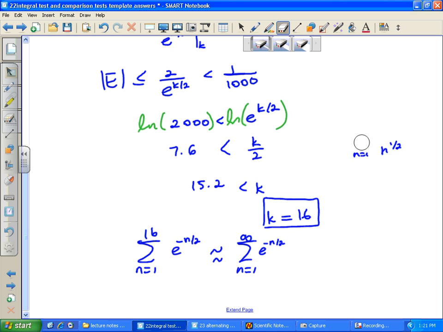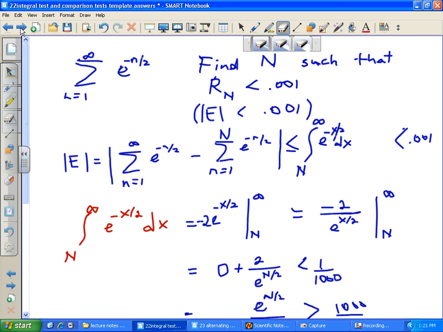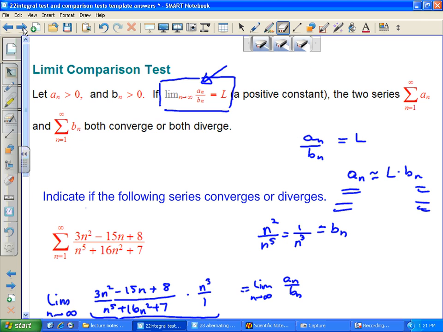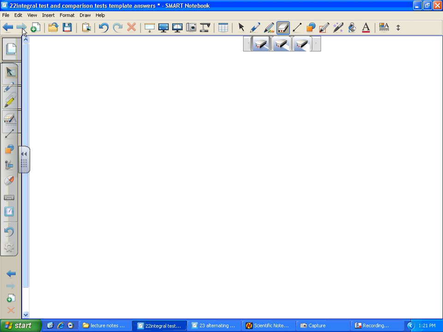Okay, and one last example to review last material. This is going to be about the limit comparison test. We've already done a few examples there. I want to do one more example. This is going to involve a square root.